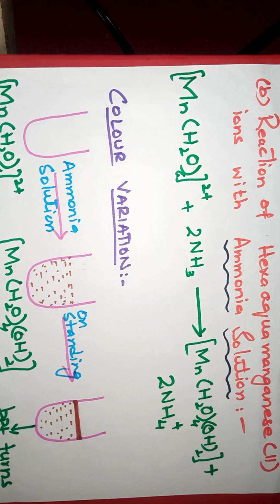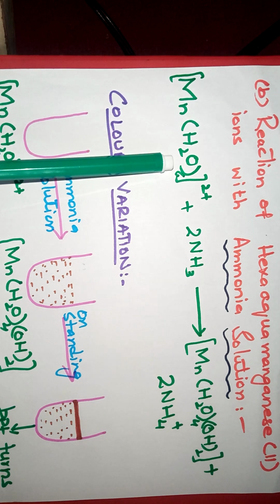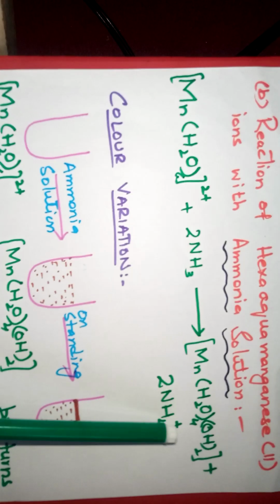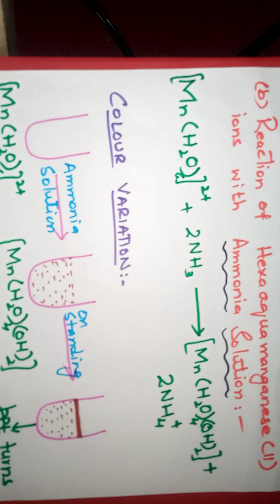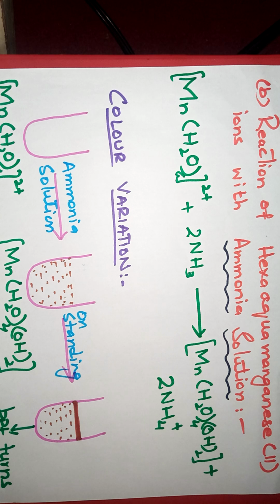Now, what have you noticed? What about ammonia? Is it acting as a ligand or a base? You can see that hexa-aqua is converting to tetra-aqua. It means that two of the water molecules have lost their hydrogen.